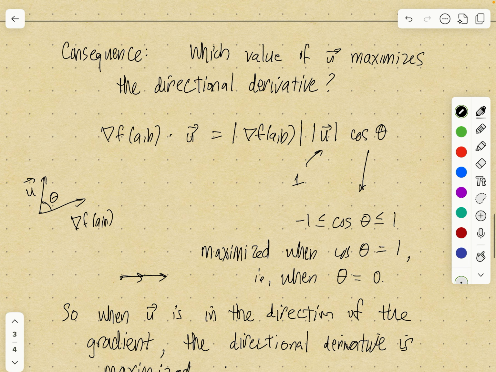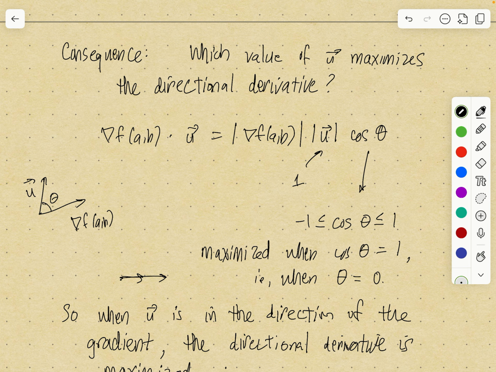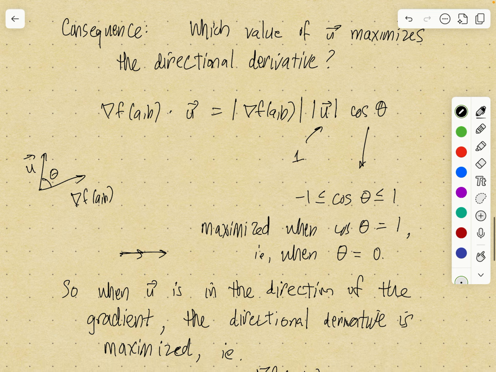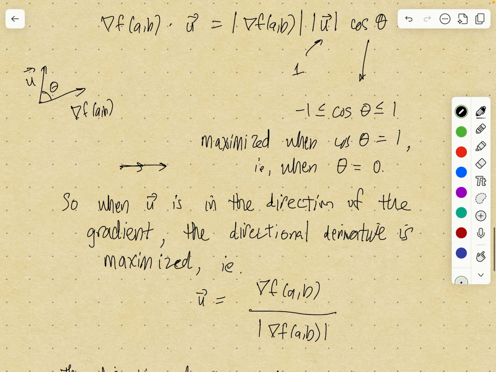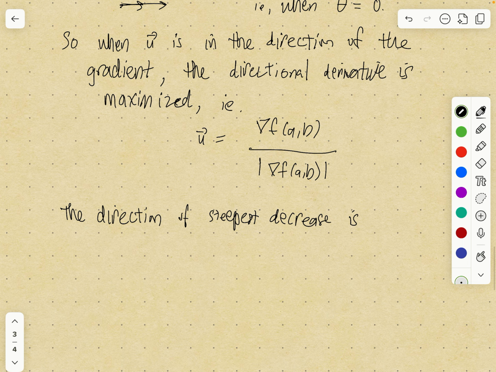is, well, when you minimize this value, and cosine theta is minimized when cosine theta is -1. So when is cosine theta equal to -1?